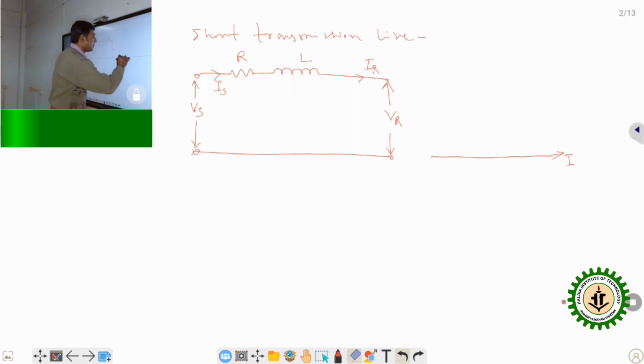Here I consider VR is the receiving end voltage, and the angle between current and voltage is phi R, that means the receiving end power factor angle.